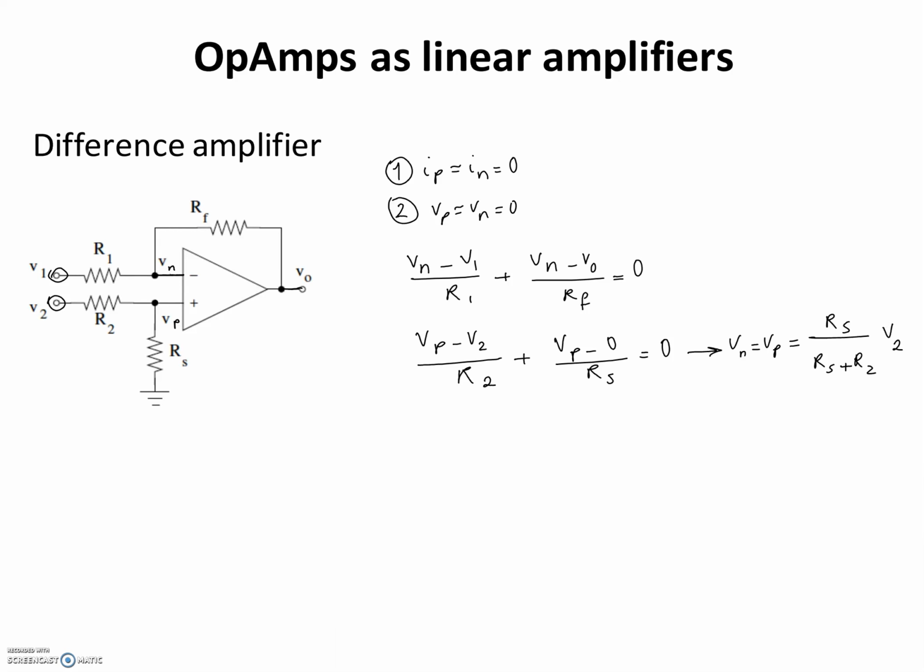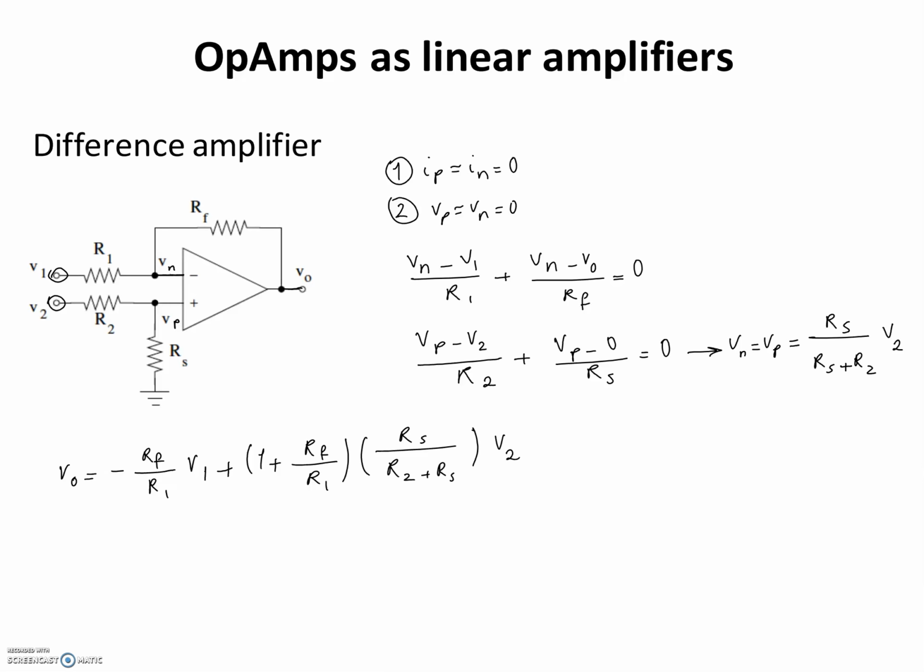So if I substitute for Vn in the first equation, I get Vout is equal to negative Rf over R1 times V1 plus (1 plus Rf over R1) multiplied by Rs divided by (R2 plus Rs) multiplied by V2.